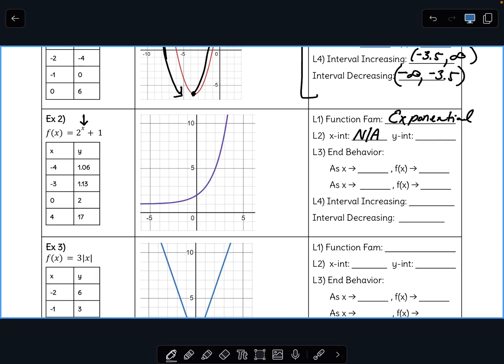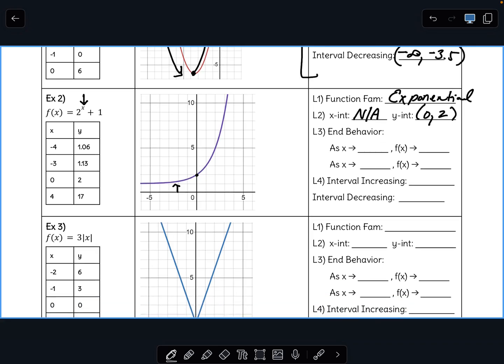This line is going to come very close to the x-axis, but it's never going to get there. It's never even going to get to 1. Here is our asymptote right here. It's never, ever going to go past, right here, 1. Okay? So our y-intercept, though, would be right here, which would be (0, 2).